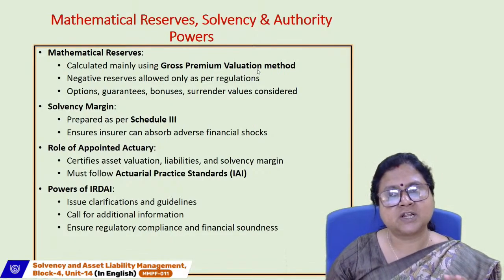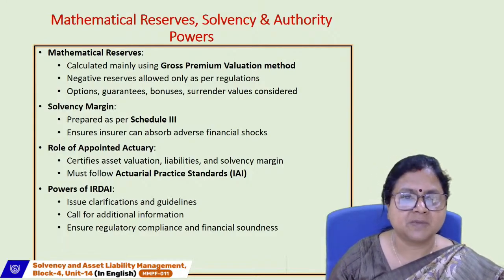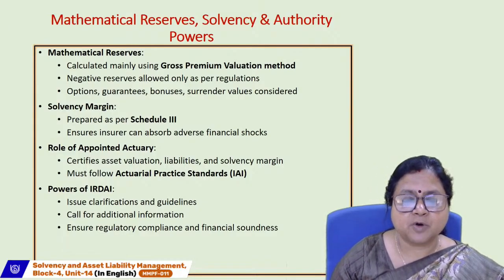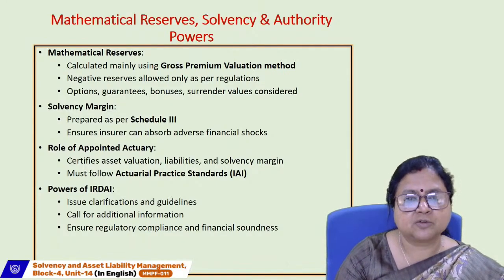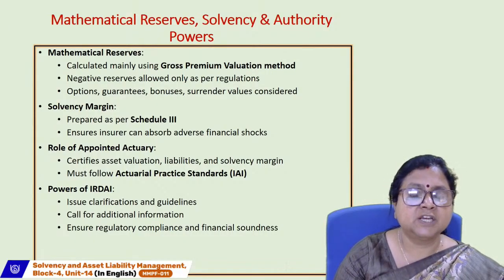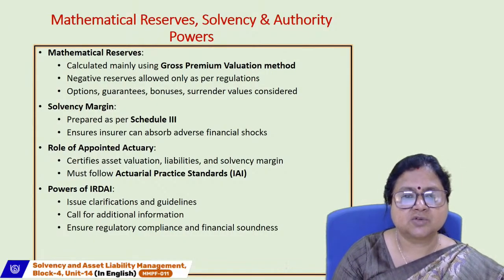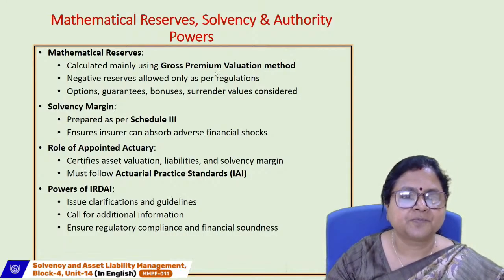Gross premium is the total amount of premium that you are receiving. As I said here, the policyholders who have paid for some period of time and those who have discontinued will not be included in this category. So it is the total premium valuation, which is known as the mathematical reserves calculation.